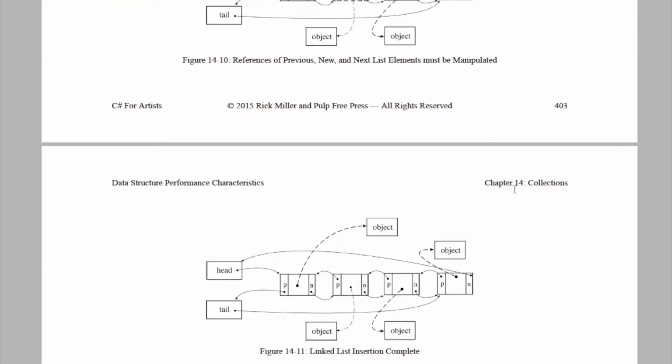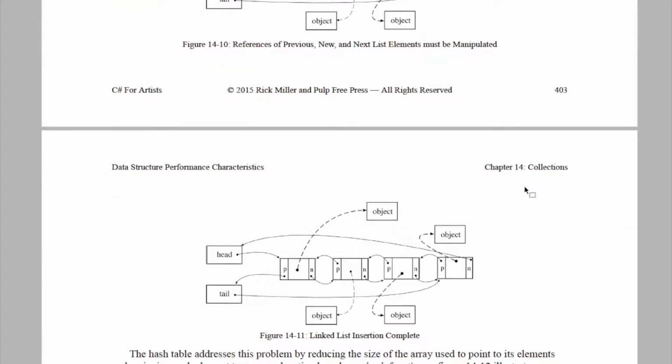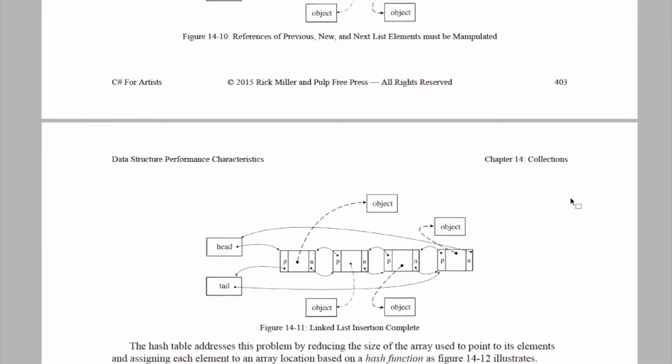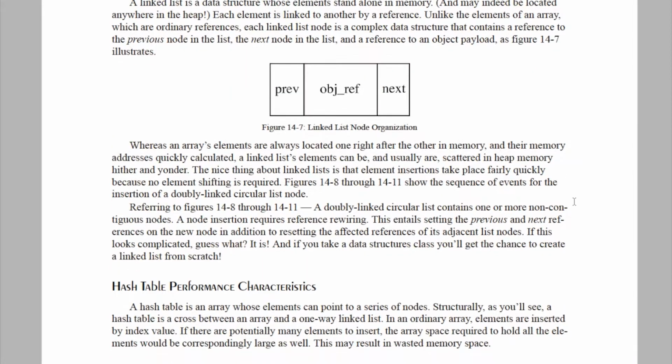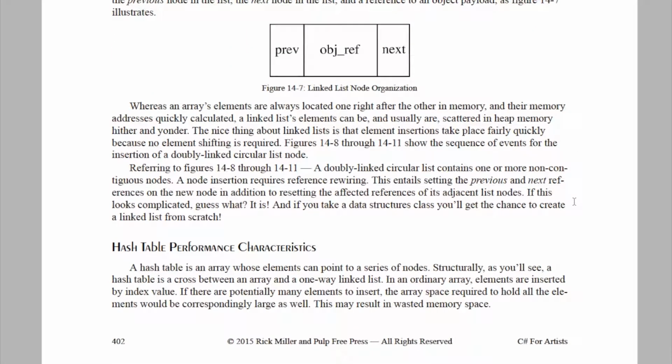Now, there's a couple of different ways you can mitigate that. One, let's go back up here because the diagram kind of breaks it up. Hash table. In answer to that linked list problem, they've come up with hash tables. So a hash table is an array whose elements can point to a series of nodes.